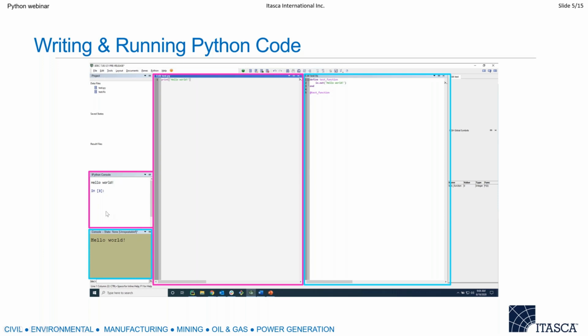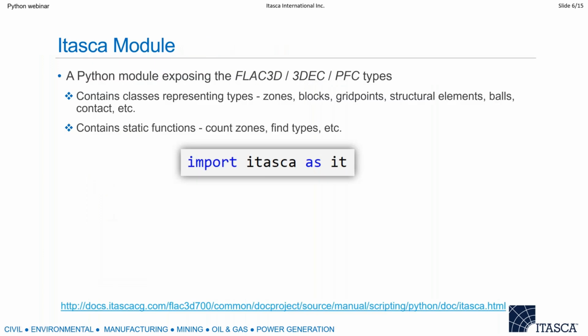The itasca module is the main package which provides connectivity to the Itasca software. This Python package contains classes which represent the different types of objects in Itasca software, such as the zone, the block, the grid point, and so on. It also contains different functions, for example to get the number of zones or find different objects.